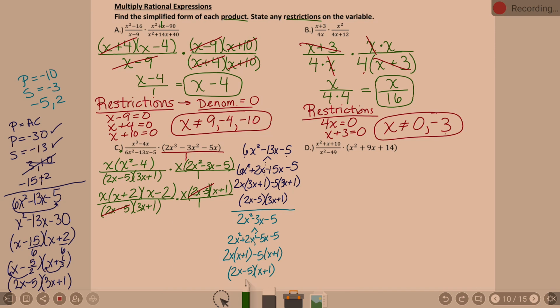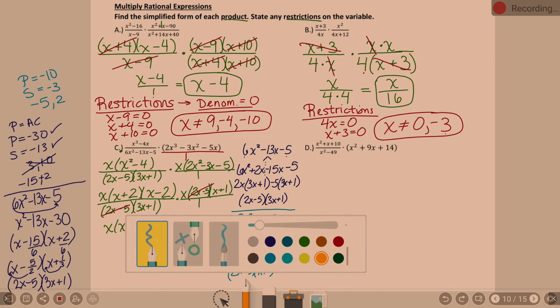Okay, and as I said, you get to leave it in factored form. So we're going to have an x plus 2, an x minus 2. What else do we have? x plus 1. And what else? Over. Whoa, whoa, whoa.